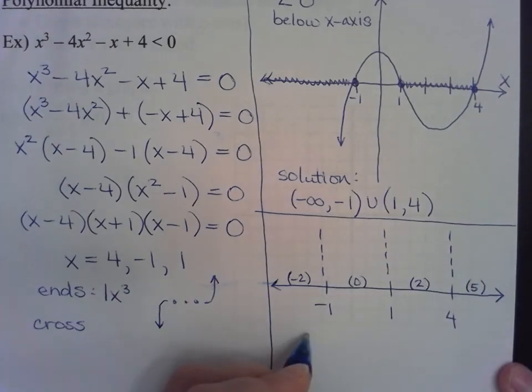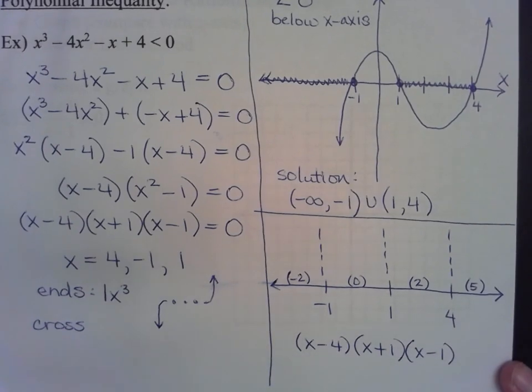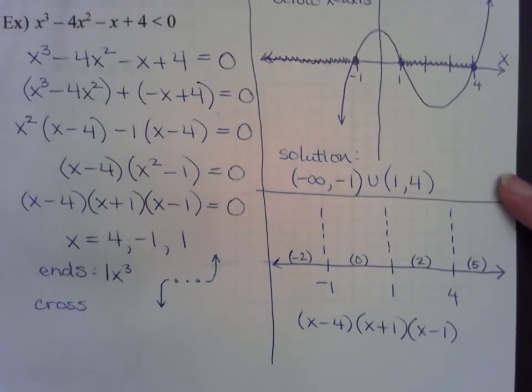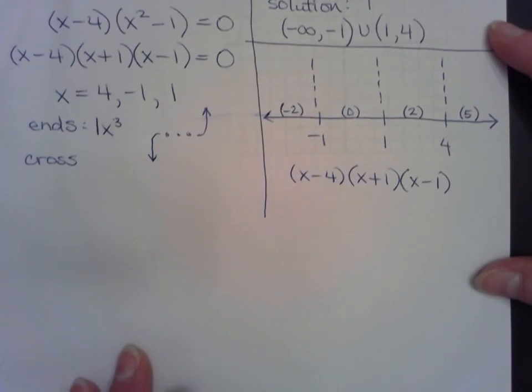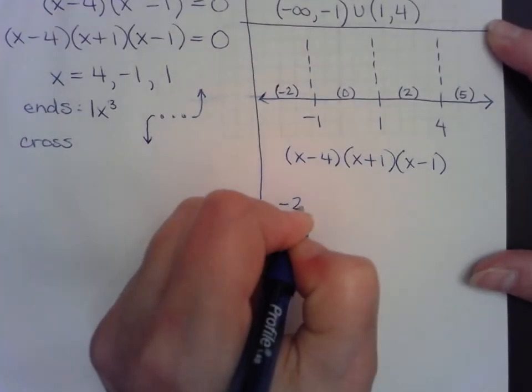Okay, we're going to plug it into our factored format. Again, we could probably do this part in our head if we wanted to, but I'll write it down one more time.